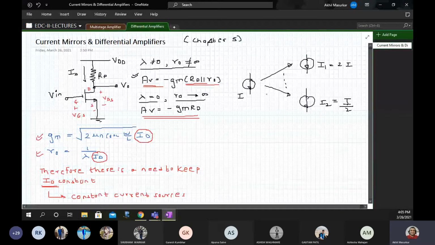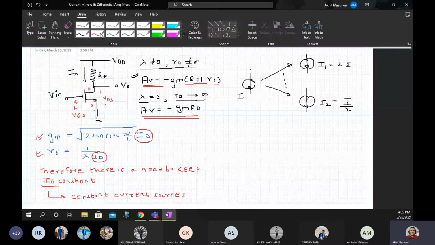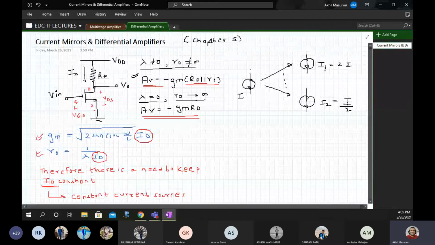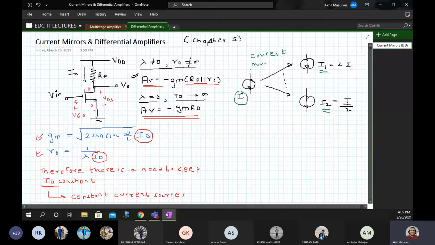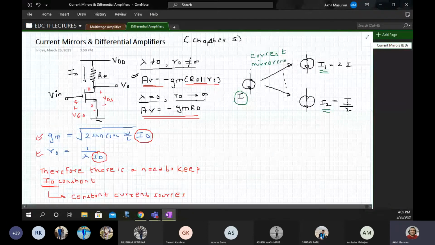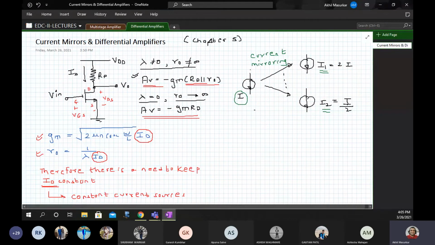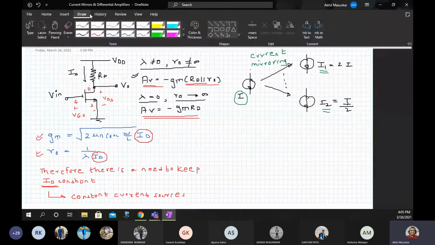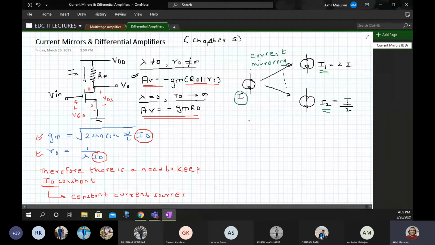If you want to generate different current sources from a single current source, this operation is called current mirroring. Why is this to be done from a single current source? Why are we going for multiple current mirrors?